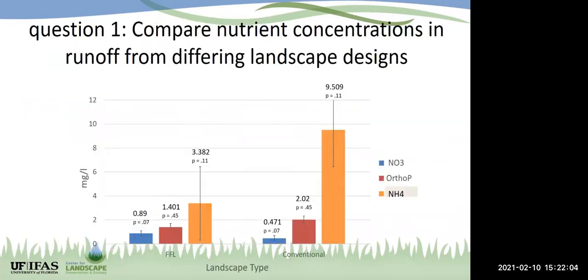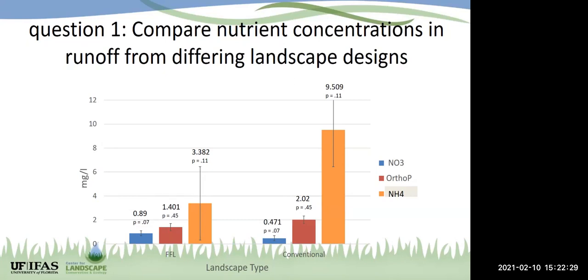Our first research question in this study was to compare nutrient concentrations in runoff from different landscape designs. And on the left side of this chart, you see FFL, that stands for Florida Friendly Landscaping. And on the right side, you see conventional. Those are conventional lawns. So the FFL lawns had Florida Friendly Landscaping principles throughout the lawn.